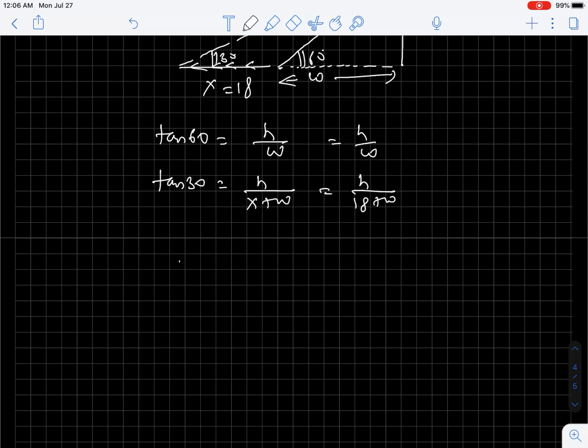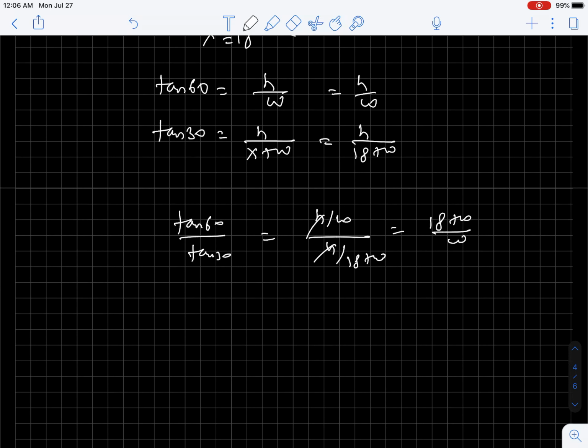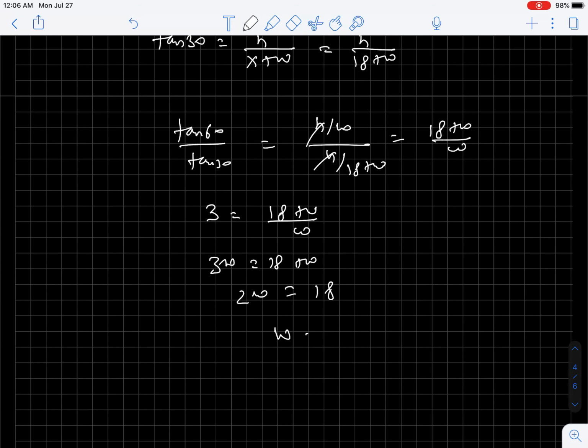Divide them: tan 60 divided by tan 30 gives h divided by w divided by h divided by 18 plus w. h cancels, so 18 plus w divided by w is equal to tan 60 divided by tan 30, which is 3. Then 3w is equal to 18 plus w, 2w is equal to 18, and the width of the river is simply 9 meters.